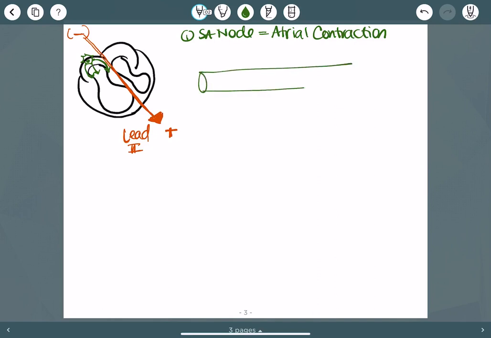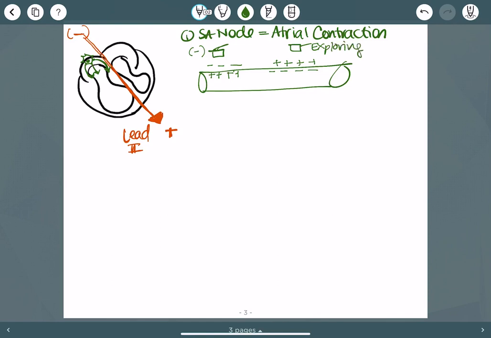So I'm just going to draw this here. At this point, if we follow the leads, right up here by the atria is our reference, and down here distally is more our exploring.